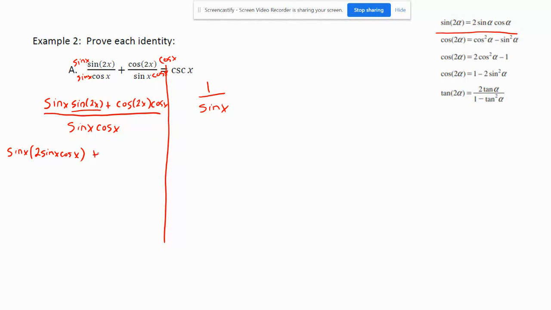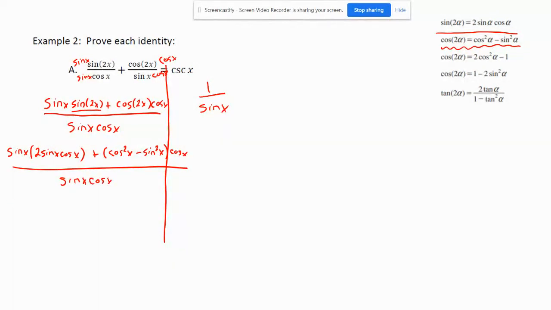For the other term, we don't use this identity too often yet in these notes, but we're going to use cos squared minus sine squared, so we have cos squared x minus sine squared x, times cosine x, all over sine x cos x.